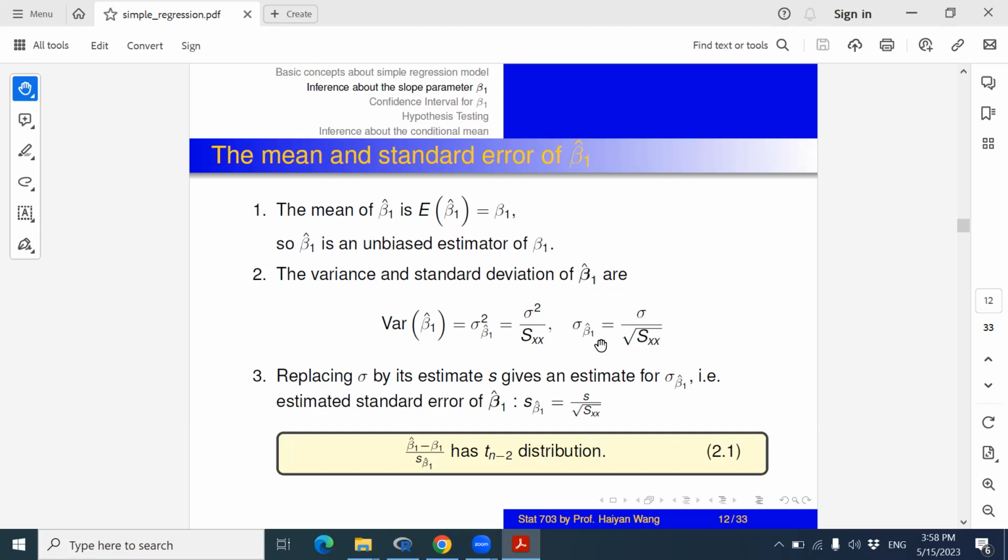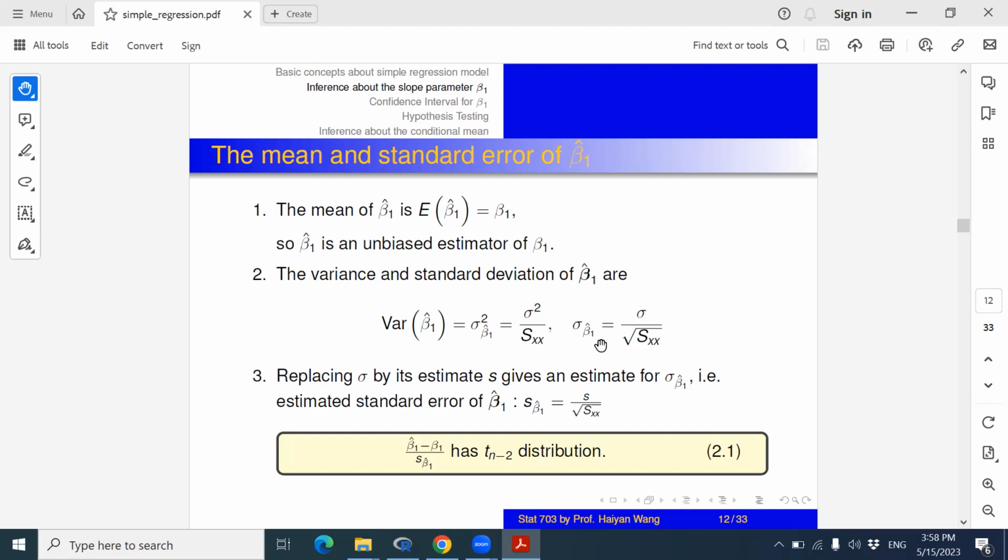Why is it a t distribution? Beta 1 hat minus beta 1 divided by the true standard deviation sigma of beta 1 hat is a standard normal distribution. But the denominator is not the true sigma. Instead, it's the estimated version.